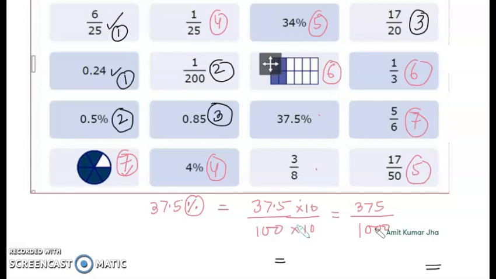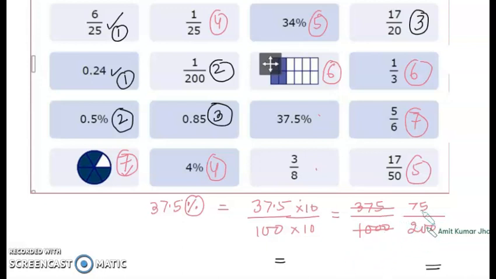Now if you divide, let me show you. You will get 3 by 8 because if I divide both by 5, what do I get? 5 7s are 35 and 75 here I get, and here I get 200. 200 times 5 is 1000.